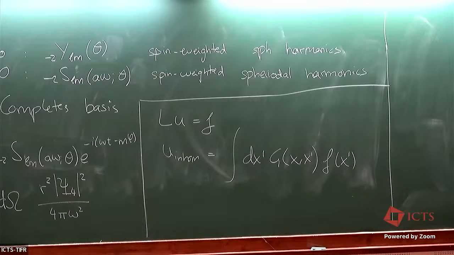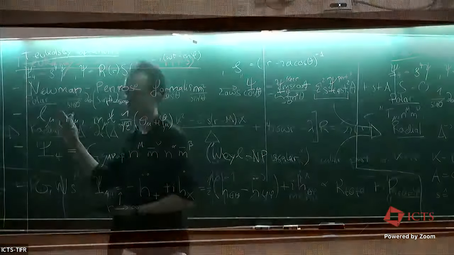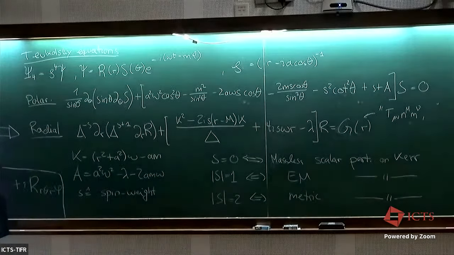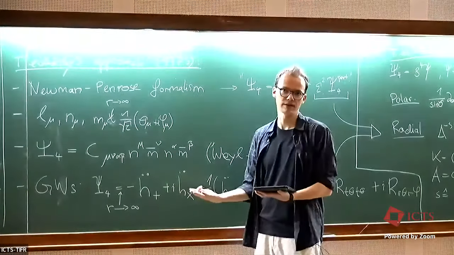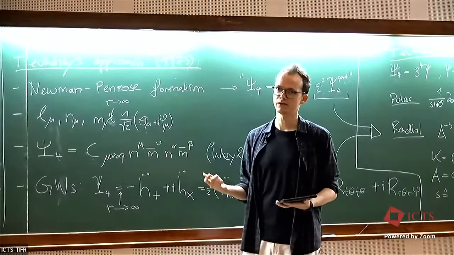Because ultimately we're only interested in psi4, the gravitational radiation at large distances. For the scalar, we were interested in the scalar field everywhere in the domain, not just at infinity. But here we only care about the gravitational waves at infinity because that's where we detect them. So that step again will simplify things even further.